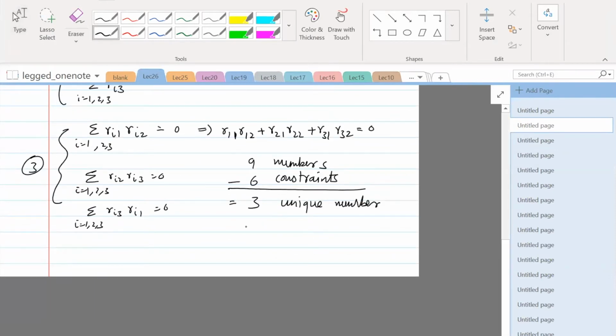So we only need 3 numbers to describe 3D rotations. Okay, so for 2D rotations we only need 1 number, but for 3D rotations we need 3 numbers. Now, what are the ways? Some of the ways to represent rotations.